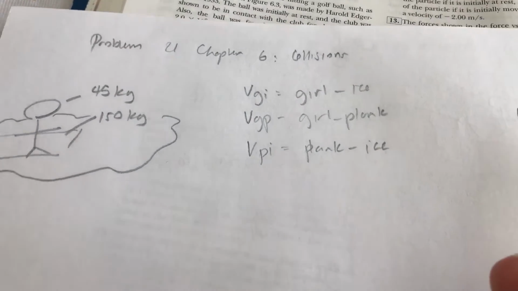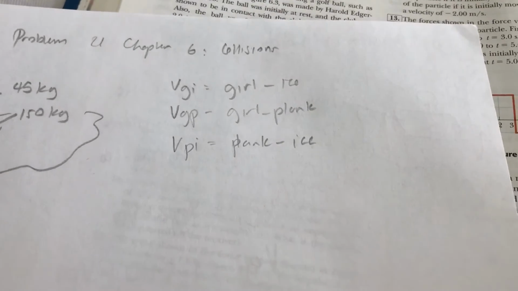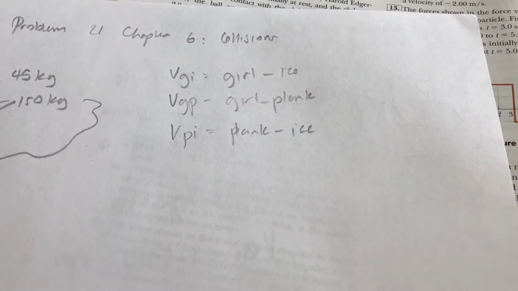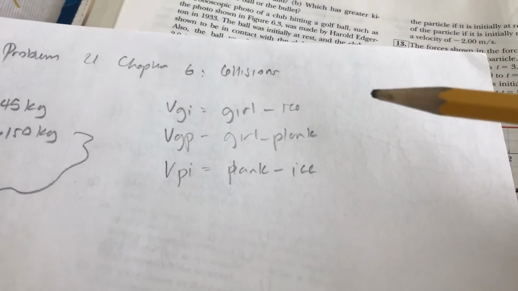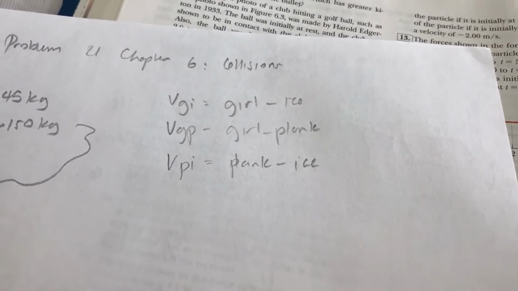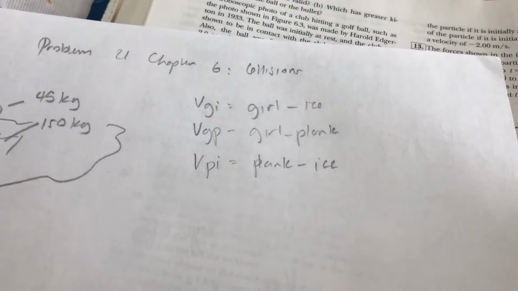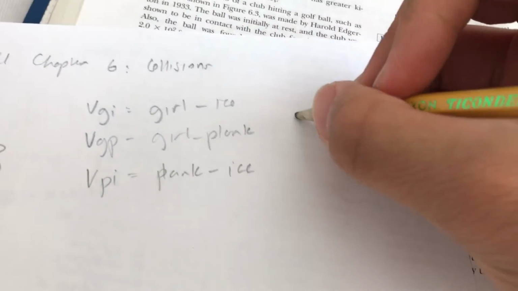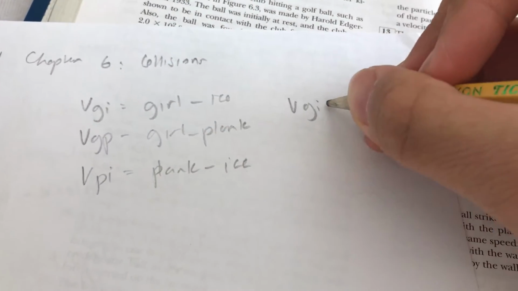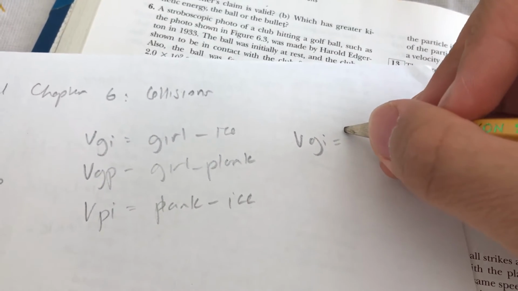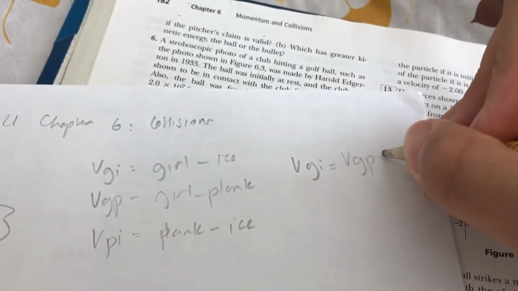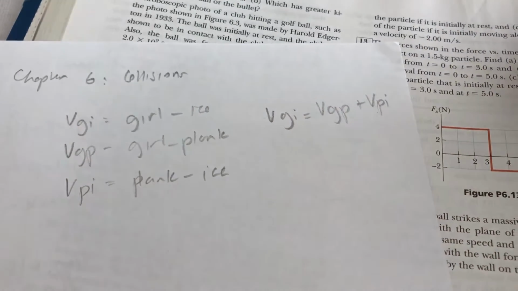If you think about it, it's like if you're moving 2 meters per second in a car that's moving 2 meters per second towards the ground, you'll obviously be moving faster than 2 meters per second relative to the ground. So the velocity of the girl to the ice is the sum of the velocity of the girl to the plank and the velocity of the plank to the ice.